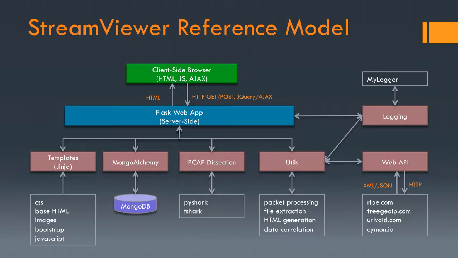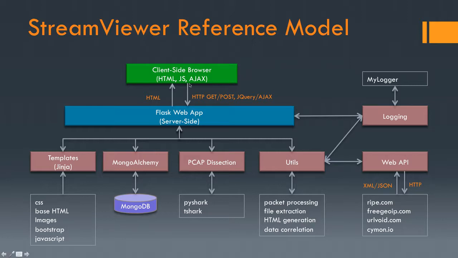This is all the supporting data information required to collect the data. And the Web API is really sending HTTP requests, converting the XML and JSON responses back to classes and dictionaries that the app can use. There's also a lightweight logging module that I had to implement for this.